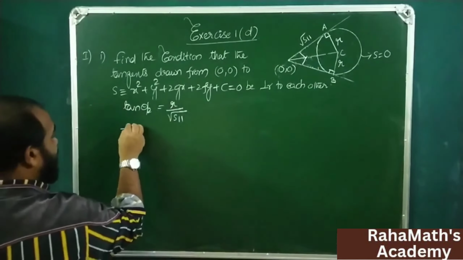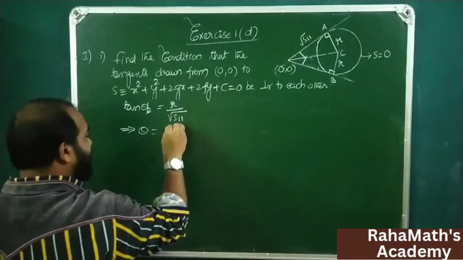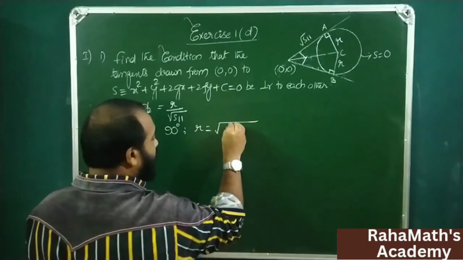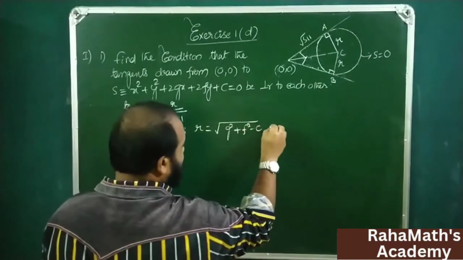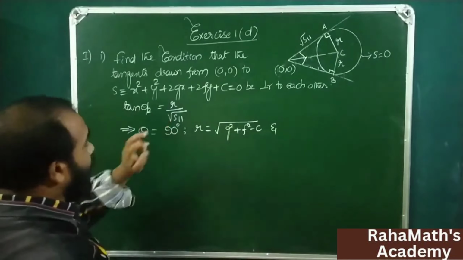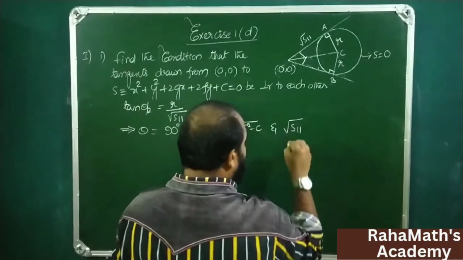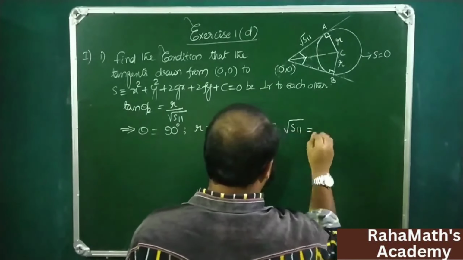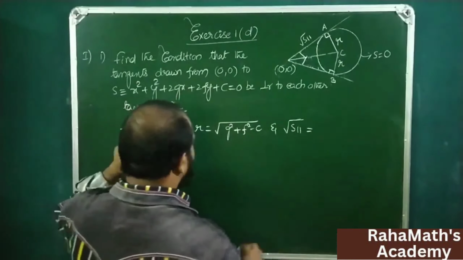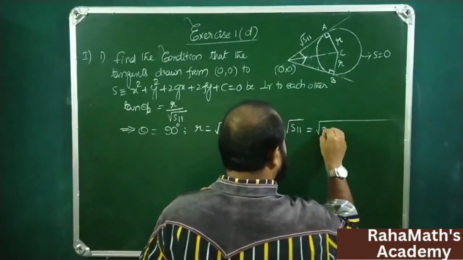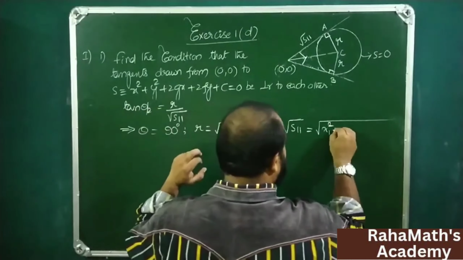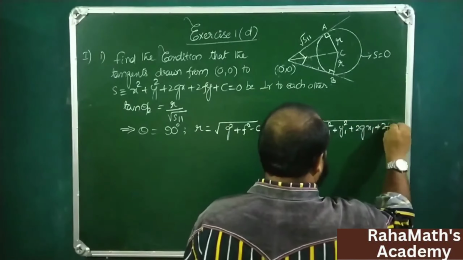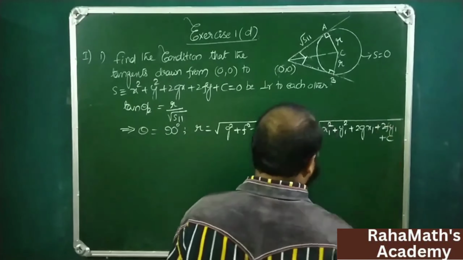So given that theta is equal to 90 degrees, the radius r is equal to square root of g square plus f square minus c, and root S11. What is root S11? The length of the tangent drawn from P(x1, y1) to the circle. Since this is the general equation of a circle, root S11 is square root of x1 square plus y1 square plus 2g x1 plus 2f y1 plus c.